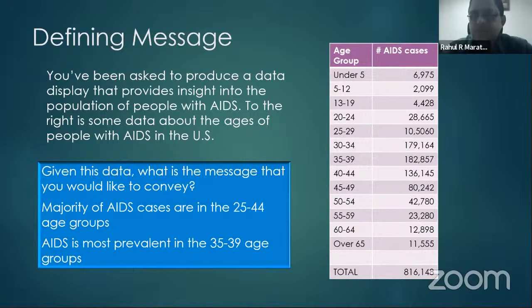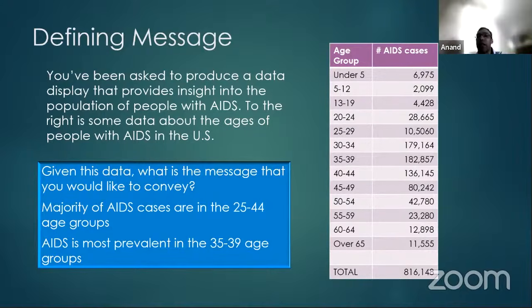I might want to say between 35 to 39, that is the single largest age bucket that we have for AIDS cases, and you can see that in the data. Or I might say, you know what, between 30 to 39, that represents the two largest buckets. That's quite a lot.